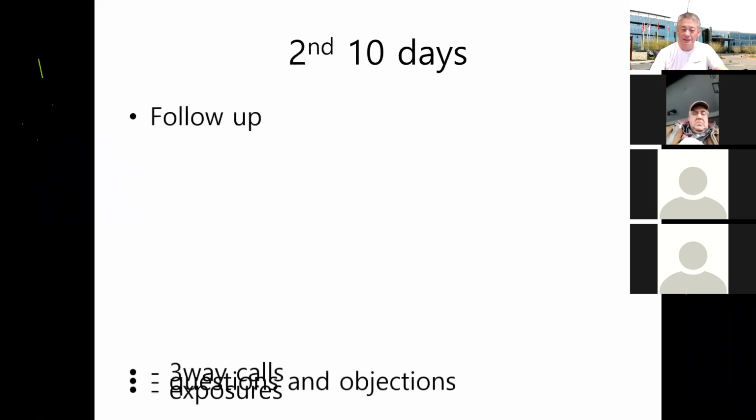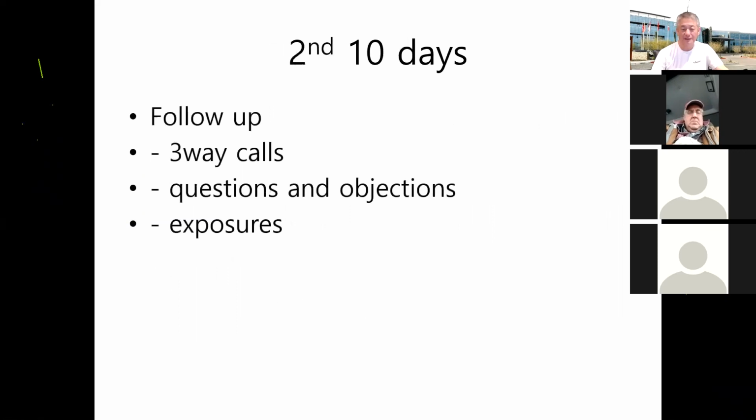Second 10 days, more of a follow-up, and then answering questions, objections, and then exposures, okay? So you'll still do the exposure, you still do the invite, but hopefully people that you've exposed will have some questions and things like that. So then you'll need your upline to do three-way calls, answer questions and objections and things like that. So second 10 days for that.